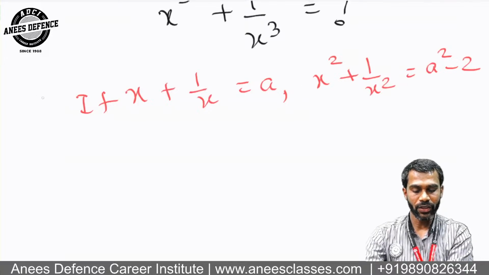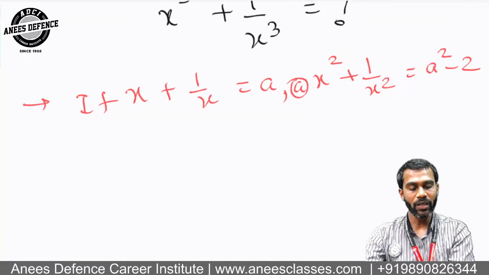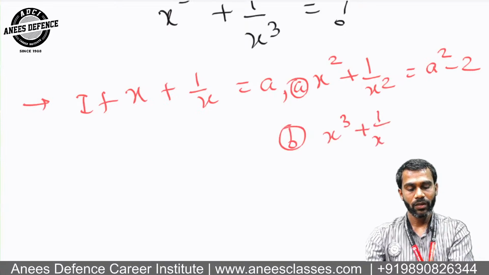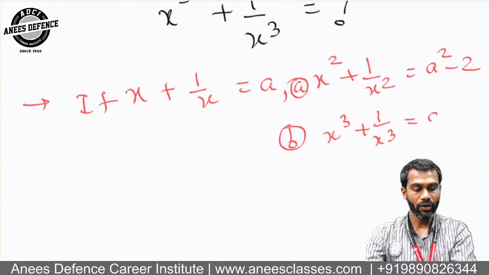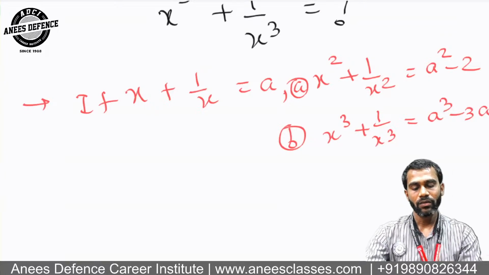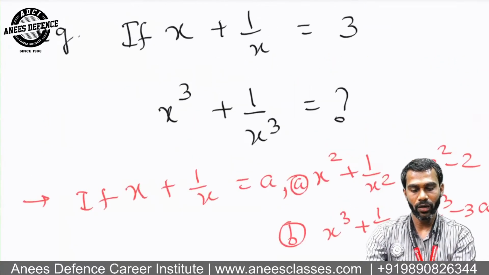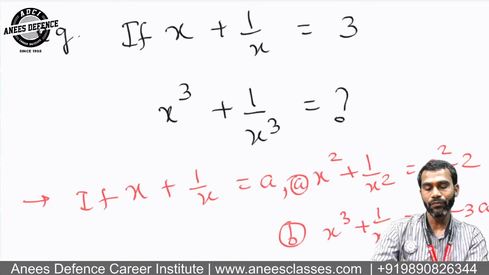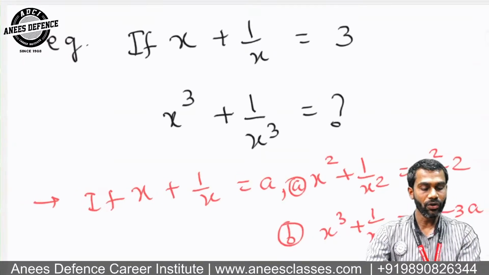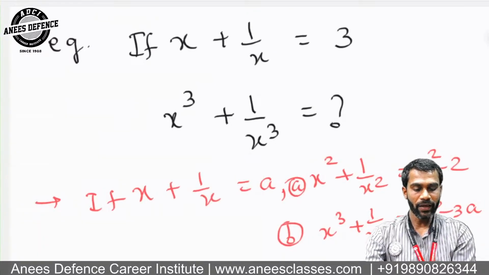And this is the first result. The second result is x cube plus 1 by x cube is equal to a cube minus 3a. So very easy. Now you can apply the formula. Although we have a traditional method for it, that may take a lot of time, isn't it? So just apply the formula, you'll get the answer.